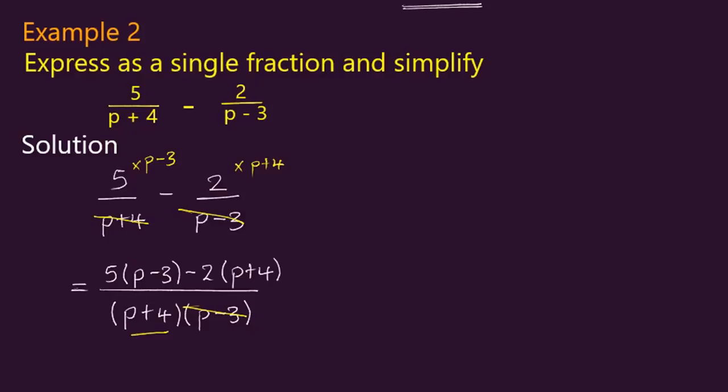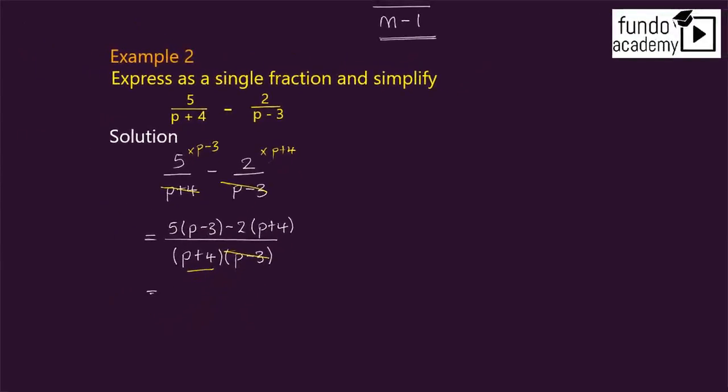Now if we simplify the numerator, 5 of p minus 3 will give us 5p minus 15, and minus 2 of p plus 4 will give minus 2p minus 8, and this is all divided by the product p plus 4 p minus 3.